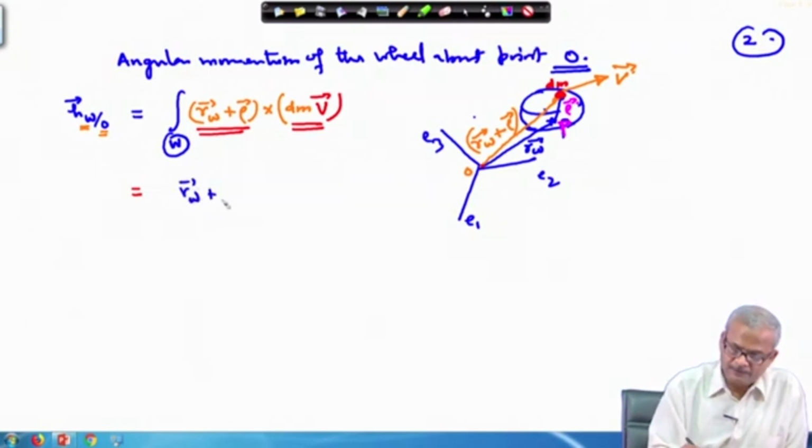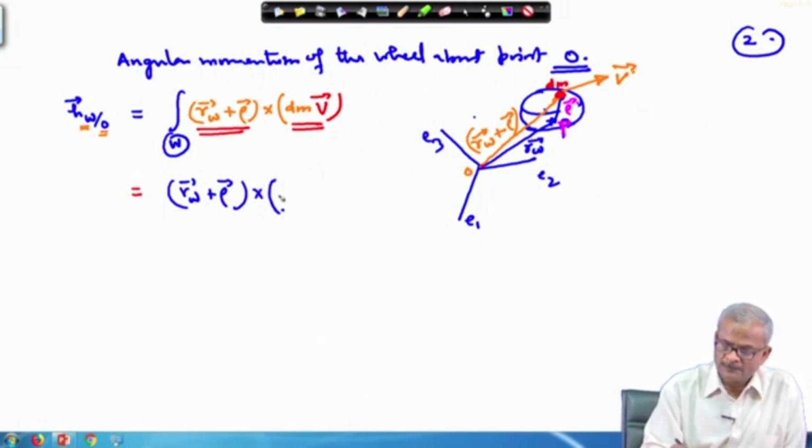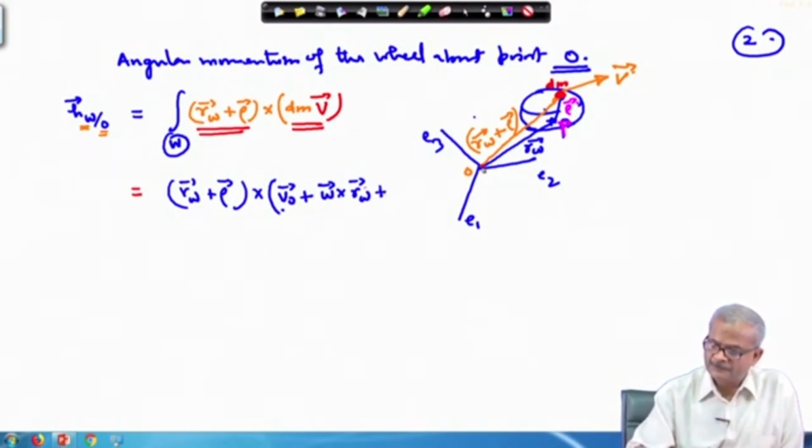So, r w plus rho cross v equals v 0 plus omega cross r w. So, this is the velocity of this point, v 0, and what will be the velocity of this point, because this body is rigid.